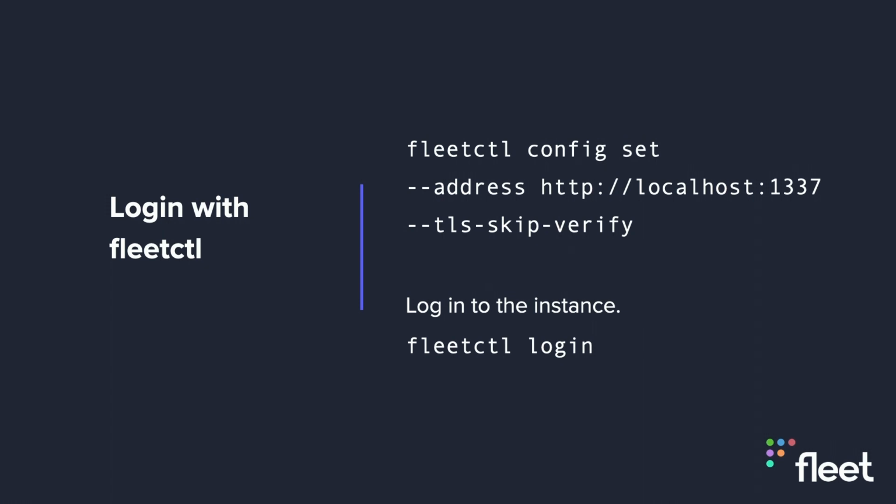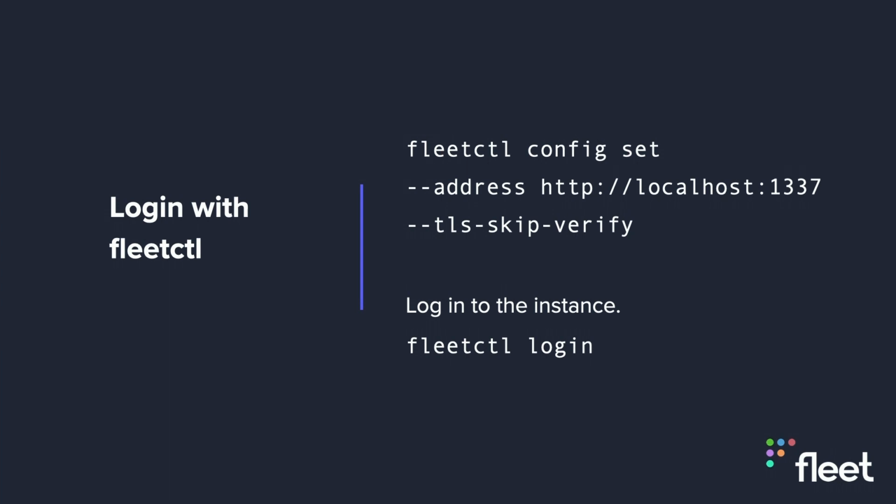So it feels a lot more natural as an API. To use fleetctl, or Fleet Control, our command line tool, you do have to do a few things. If you're running the preview environment, you would do a fleetctl config set the address to localhost port 1337, because you're elite. If you don't understand that, come see me afterwards.